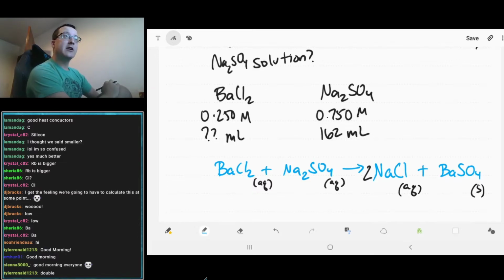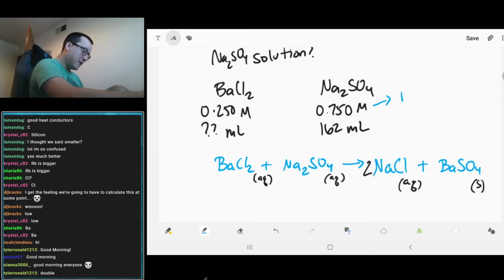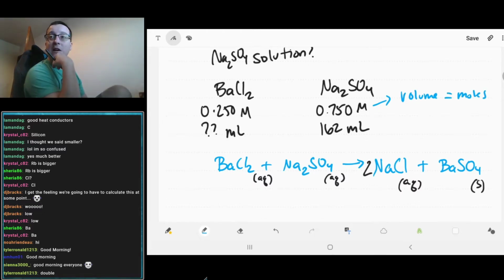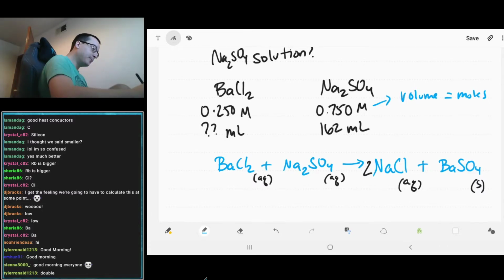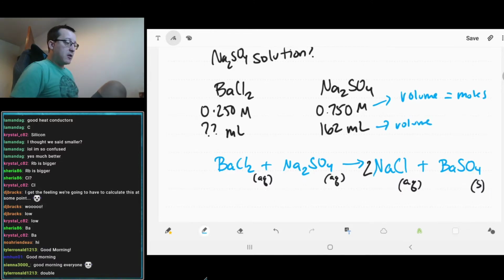However, if we look at the sodium sulfate, we have molarity, which remember is a conversion between volume and moles. It's a conversion factor there. And we have a volume. And so therefore, we can figure out what the moles are.